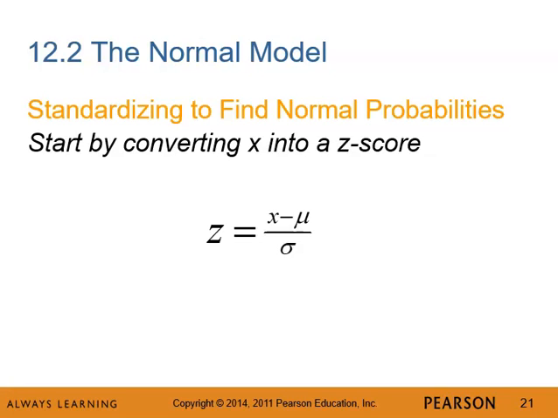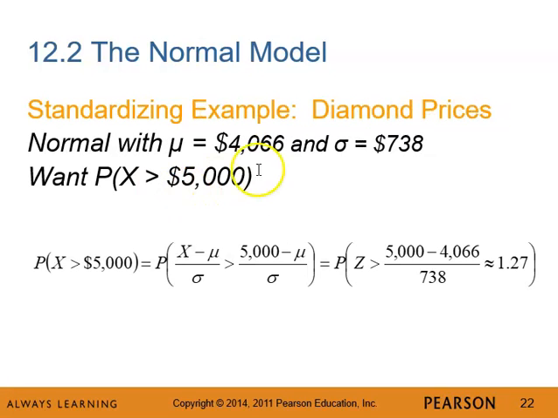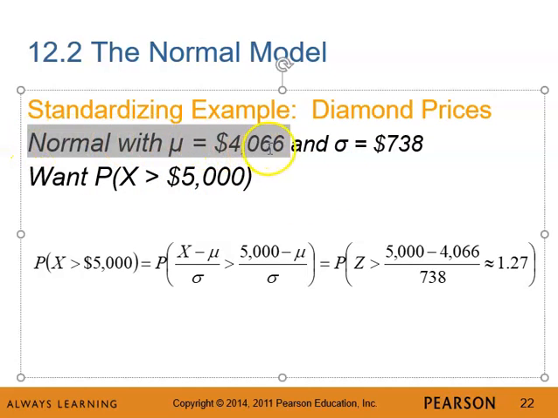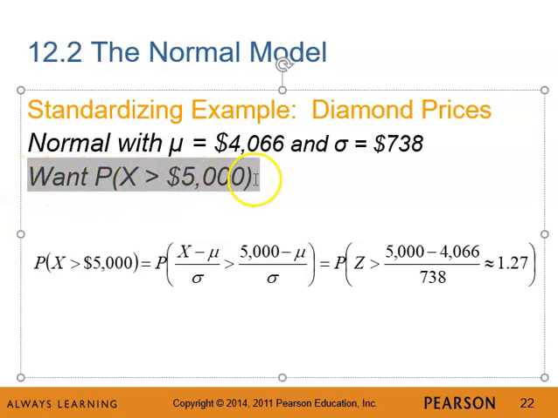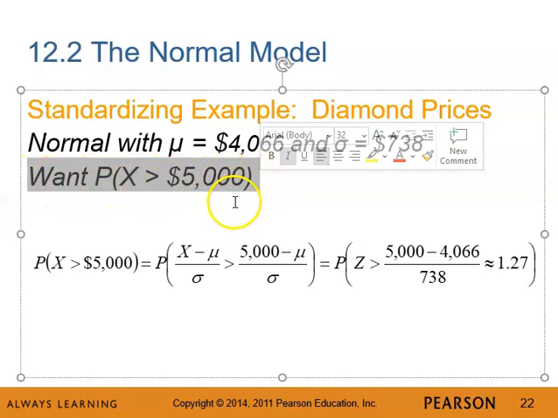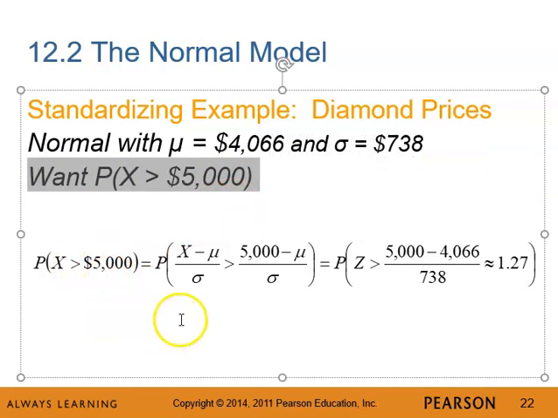So we have an example here. Let's say the average is 4066, standard deviation is 738. What is the probability of x to be more than $5,000? Right? So all we need to do is to transfer to 0 and 1.